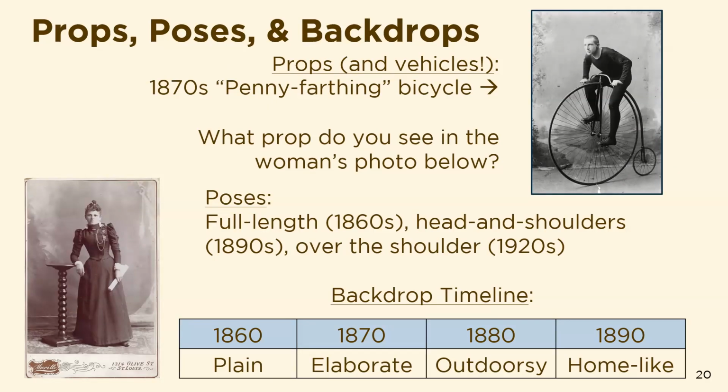I've seen them with white pillars that they're leaning on. That was popular at the time. These were full length in the 1860s. By the 1890s, they did head and shoulders. And 1920s, they were over the shoulder.